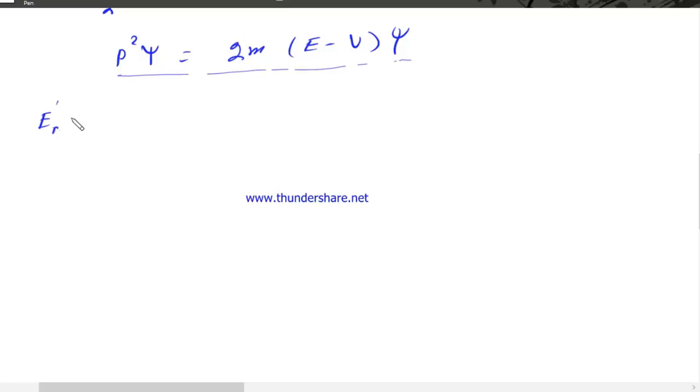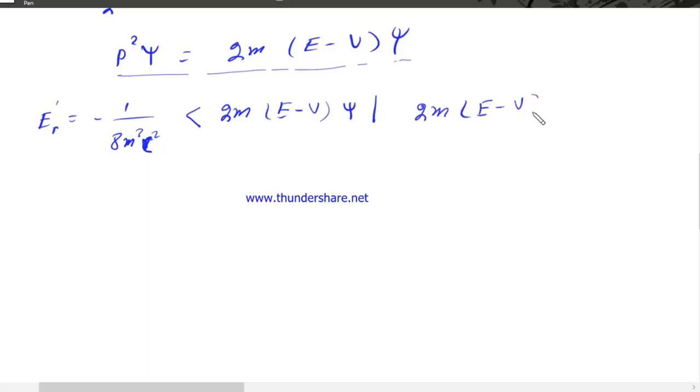Then we will get E1 r, the relativistic energy, is equal to minus 1 over 8 m cube c square, and then the expectation of 2m E minus v psi and 2m E minus v psi.